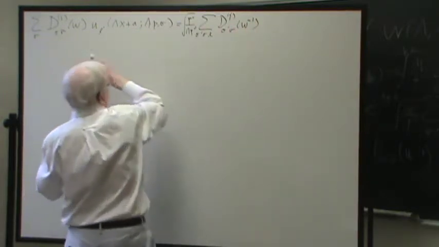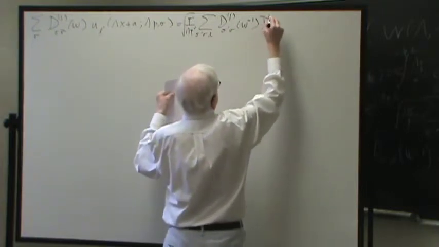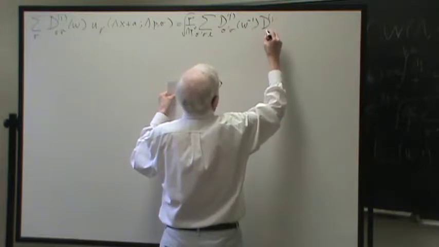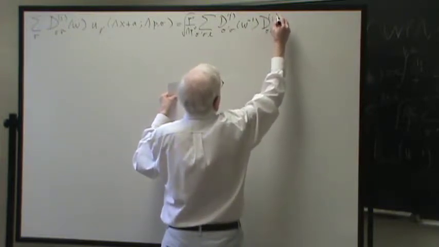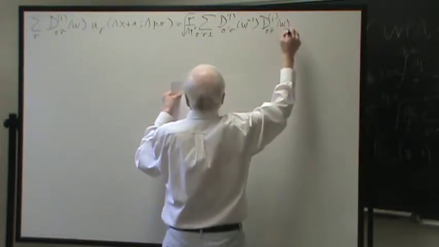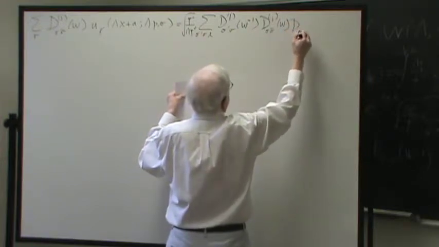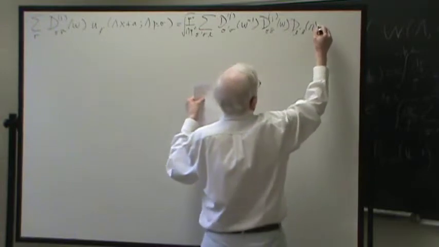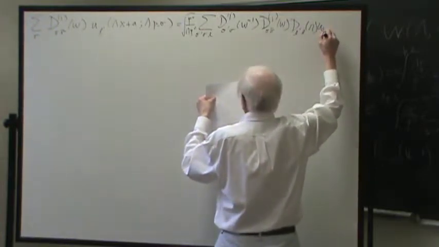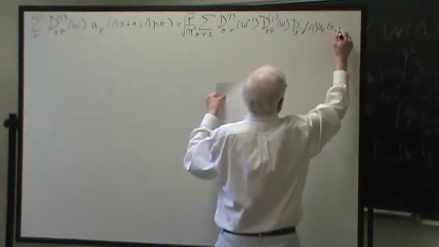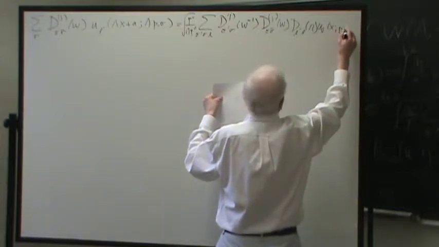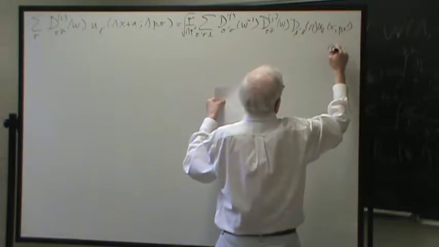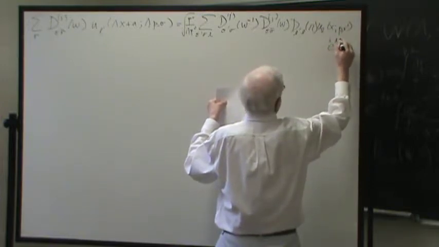And now this thing, which I write in second position, D^j_{σ\bar{σ}}(W), d_{l'l}(λ) u_l(x; p σ'), and then the phase factor e^{iλp·a}.